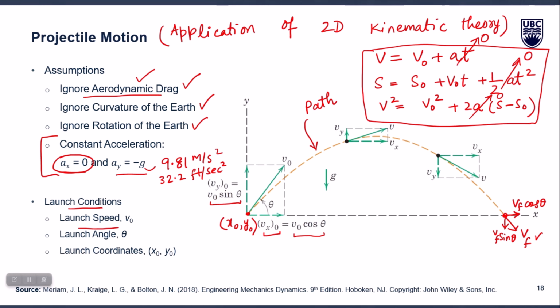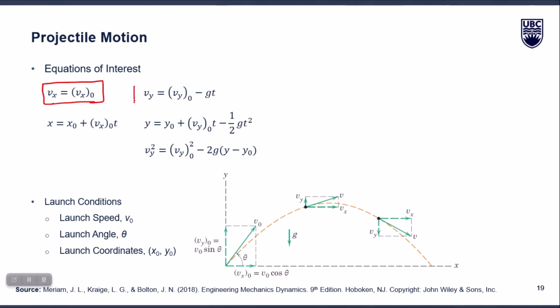When we apply it in the y direction, now the acceleration will be equal to minus g, right? So the same first equation will give us this second equation, that is when we apply it in the y direction separately, right? So our first equation is divided into two equations, one in x, one in y, right?